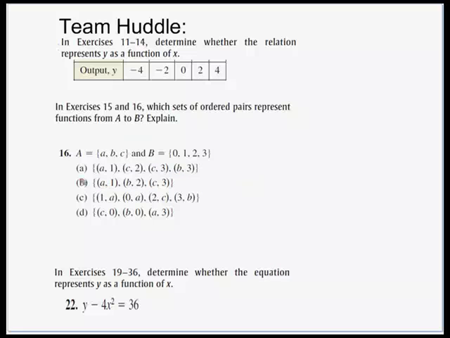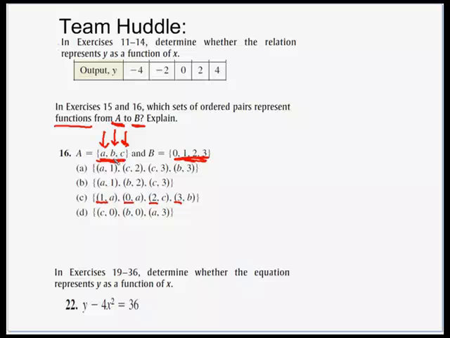Now let's look at letter C. The inputs, 1, 0, 2, 3. They're all different. So you're going to think right off the bat, aha, that is a function. Yes, it's a function. But here's a critical distinction. Function from A on to B. So when we match up the things from the first set, A, and pair them up with things in set B, the first set has to come first.